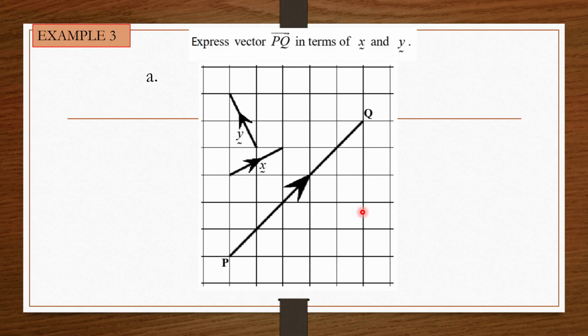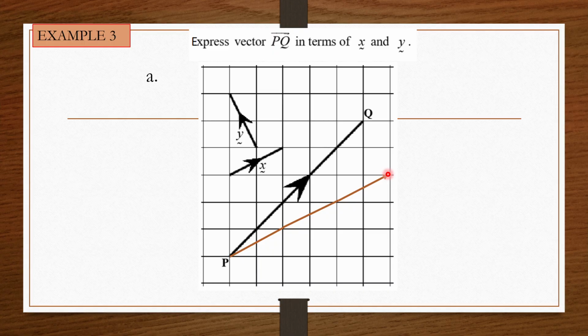Okay, express vector PQ in terms of x and y. You are given vector x, vector y, and vector PQ. The question is, express vector PQ in terms of x and y. So here, starting from point P, we have x, 1x, 2x, 3x.